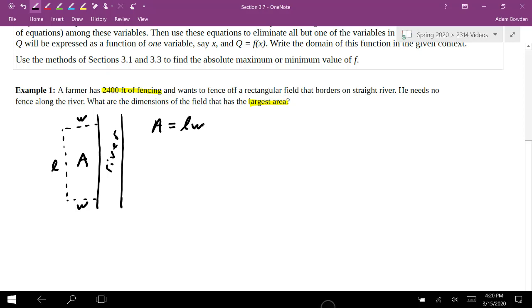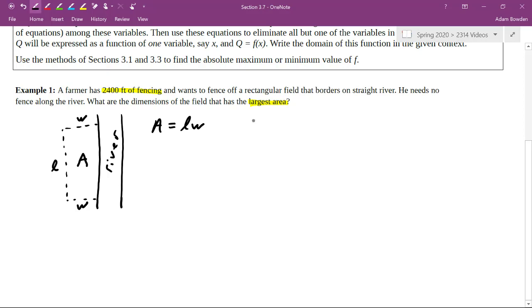We can also talk about the perimeter. The perimeter is 2W plus L, since I have two widths but just one length because we're not fencing along the river. The 2,400 feet is the total amount of fencing we have, the total perimeter, no matter how we configure it.